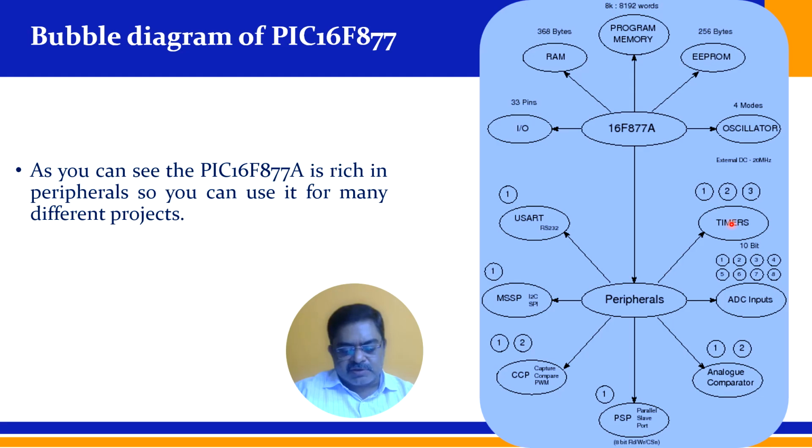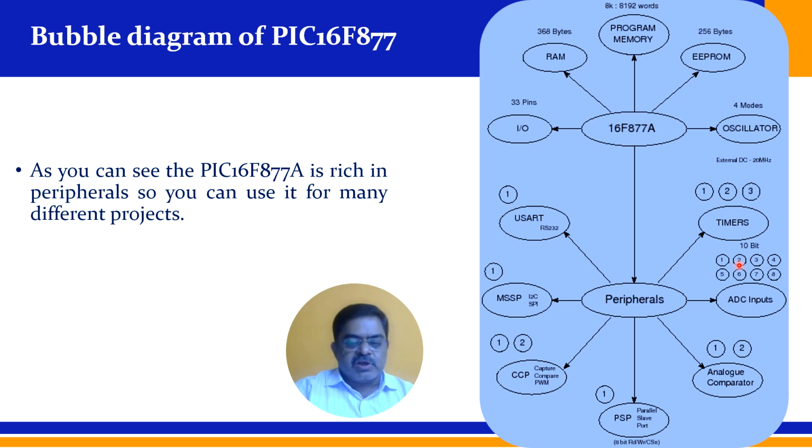You have 3 timers. Apart from that, you need one external oscillator, and 33 IO pins, RAM, program memory, and EEPROM. So these are all the peripherals you can connect to the PIC microcontroller, and these are the advantages.